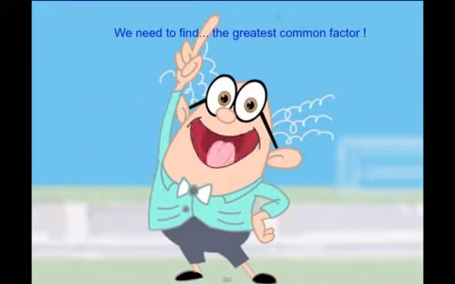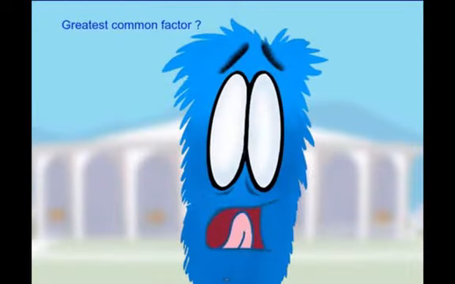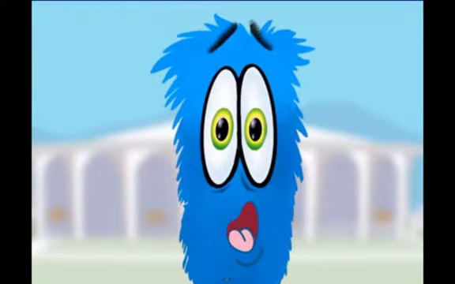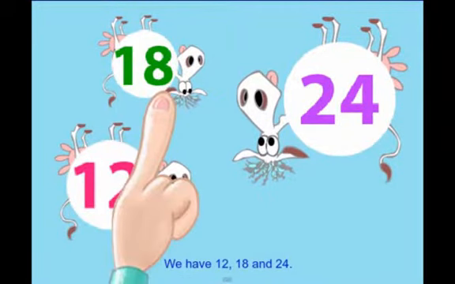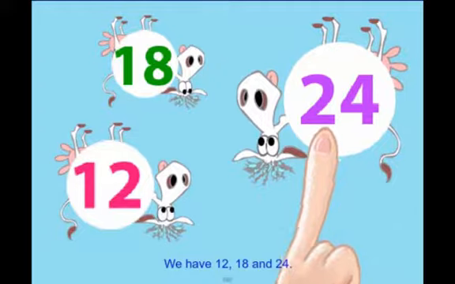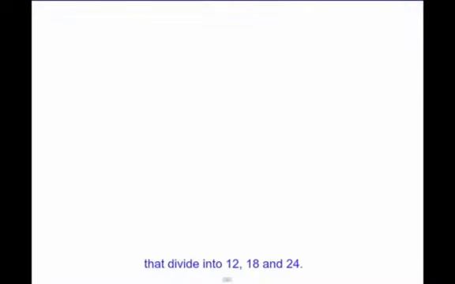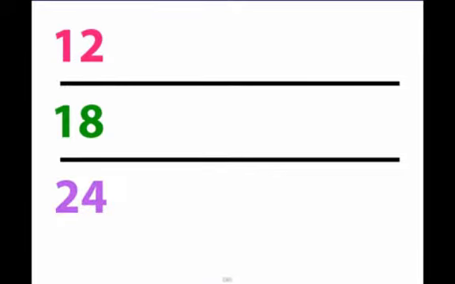I've got it! We need to find the greatest common factor. Greatest common factor? Yes! Look at the numbers on the cows. We have 12, 18, and 24. Let's find all the numbers that divide into 12, 18, and 24. Let's see.